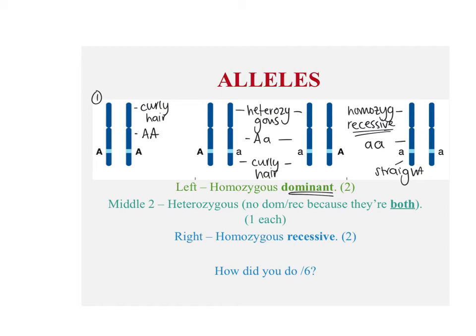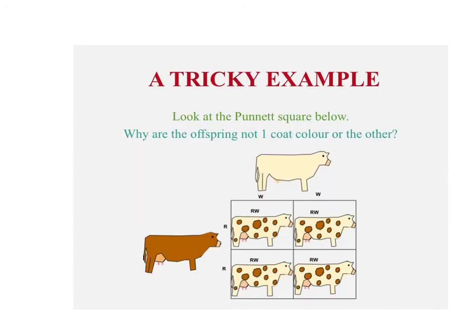But in some situations, the combination of alleles being heterozygous doesn't lead to just the dominant phenotype being produced. And that's called codominance. So imagine I've got a white cow, this one, and I've got a red cow, this one.